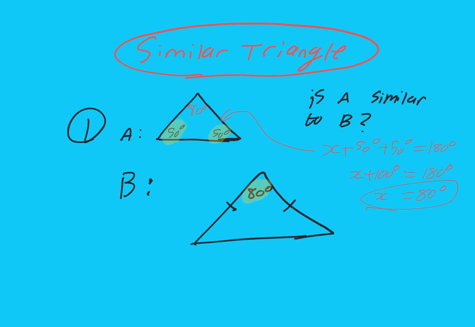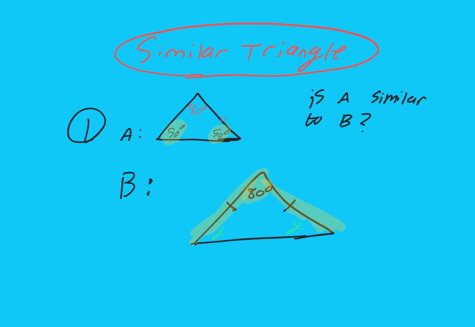Okay, and then what we can do is we can do a similar thing for the other triangle. No pun intended. So for this triangle, we can see that this side is equal to that side, which means it's an isosceles triangle. And because it's an isosceles triangle, let's call this y and this y.